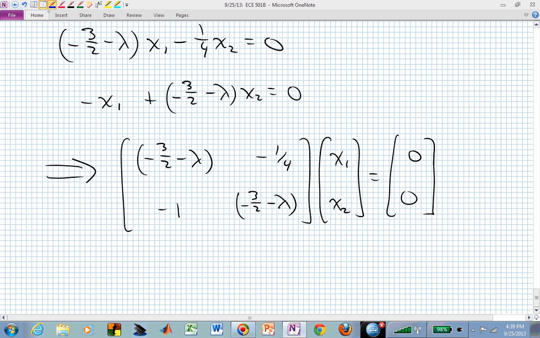And now what do we have? We really have an operator that operates on a vector that gets mapped into the 0 vector. What did we call such vectors? Or where did those vectors live? They're in the null space of that operator, aren't they?